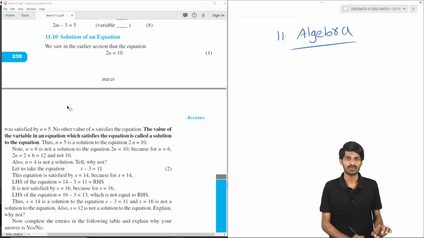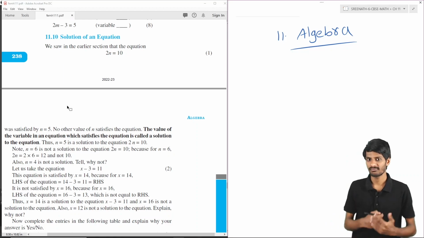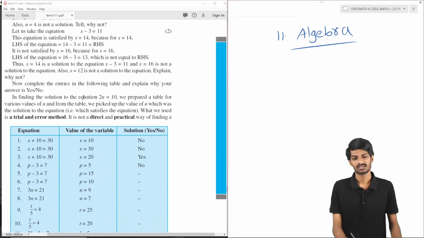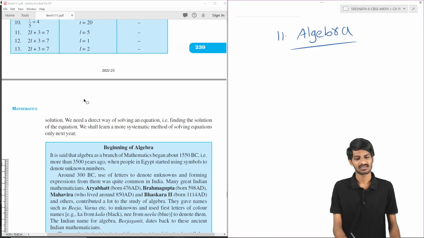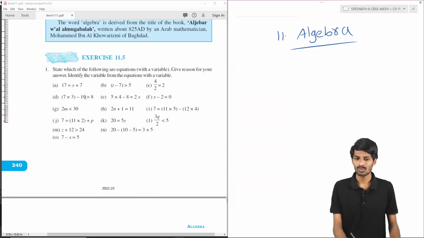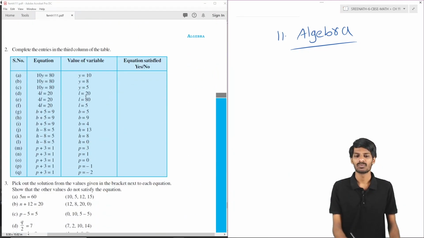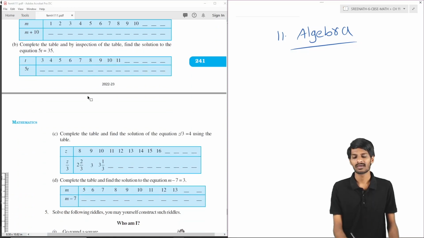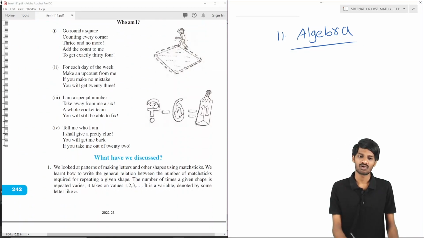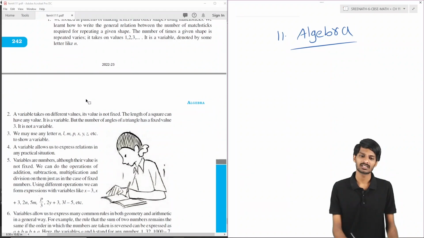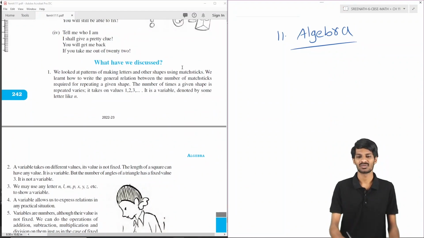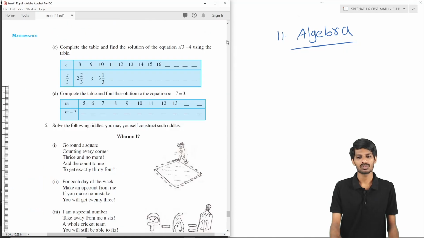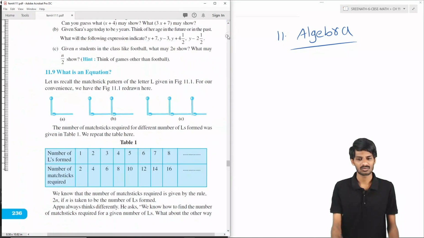How to find the solution of an equation? That is the thing, students. So this is your whole chapter. Starting from the algebra basics, you are going to learn what is an equation and how to find the solution of an equation. That is our whole chapter we are going to learn now, students.